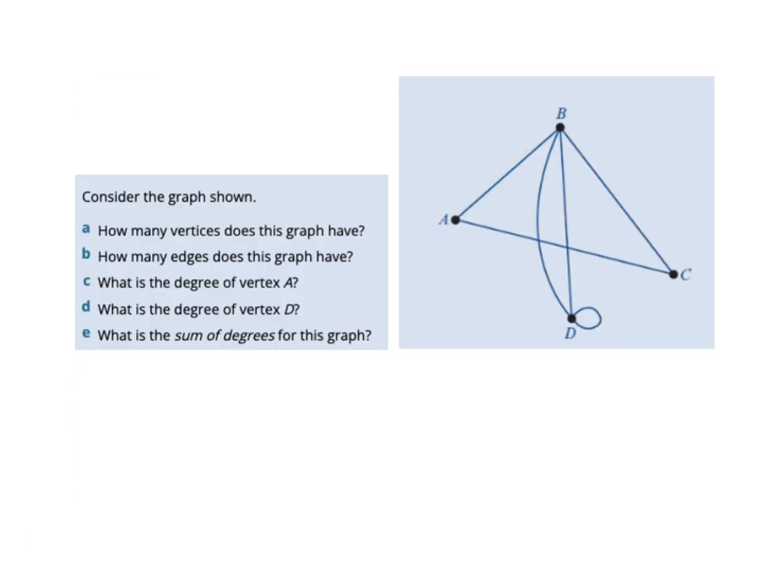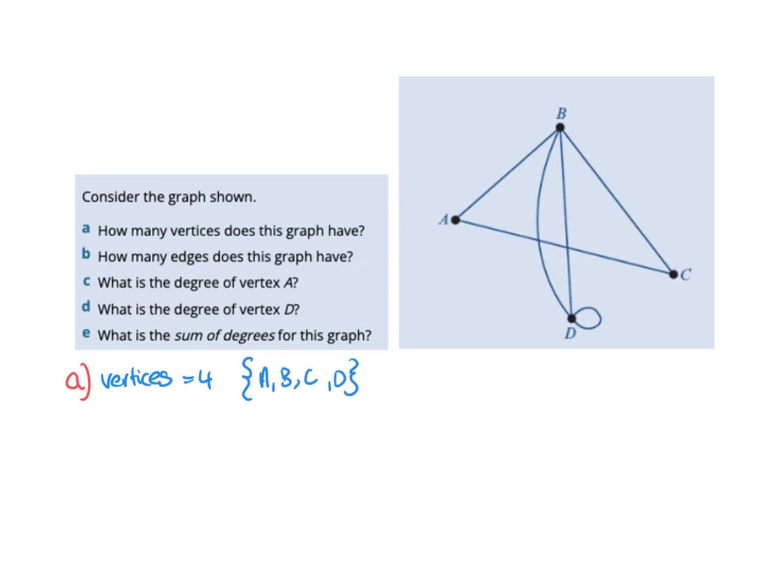Okay, so let's have a look at this one. Consider the graph shown. How many vertices does this graph have? So you're just counting up the dots. So for this one, the vertices, there's actually 4. So there's 4 points, and just so you know, that's A, B, C, and D, they called them.